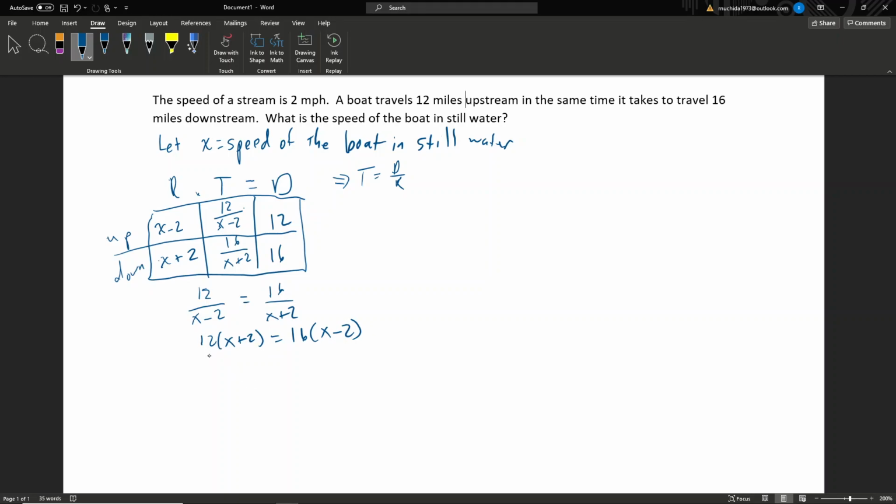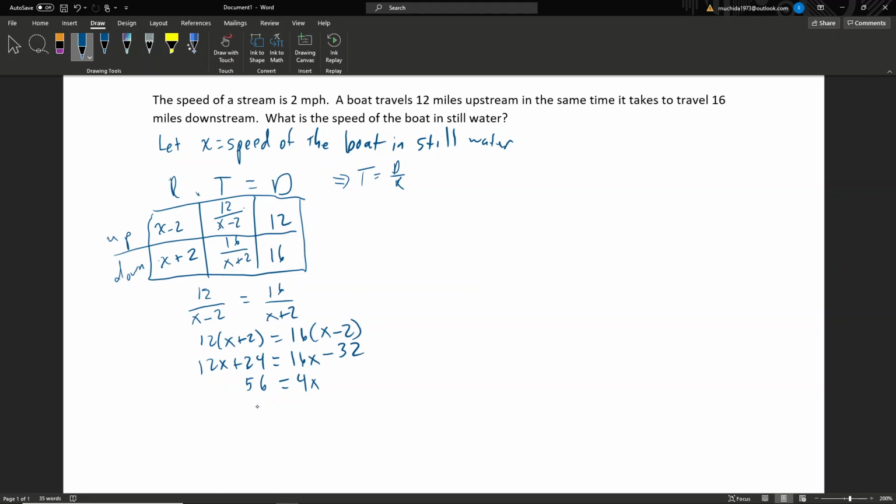So distributing the 12, that would be 12x plus 24 equals, distributing the 16, 16x minus 32. Let's subtract the 12x from both sides, so you get 4x on the right side. Add 32 to both sides, so that would be 56.